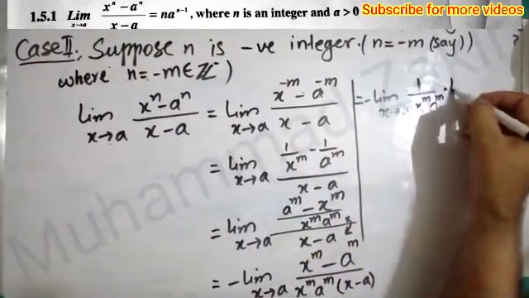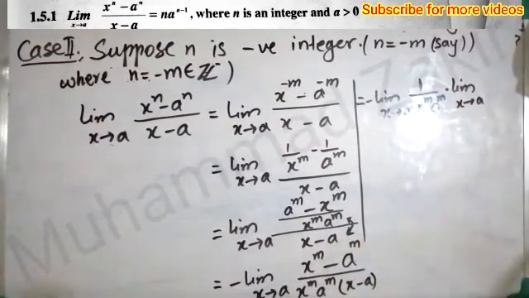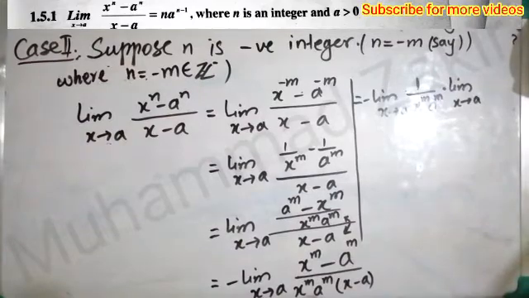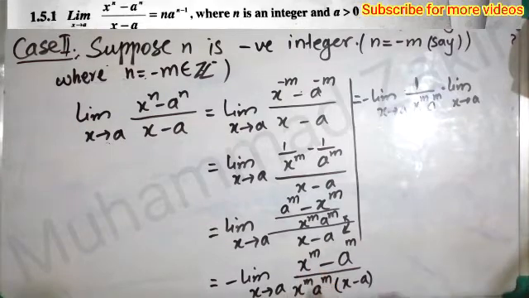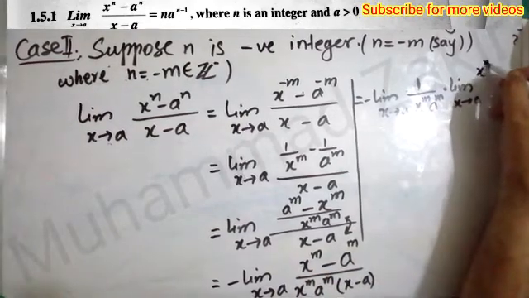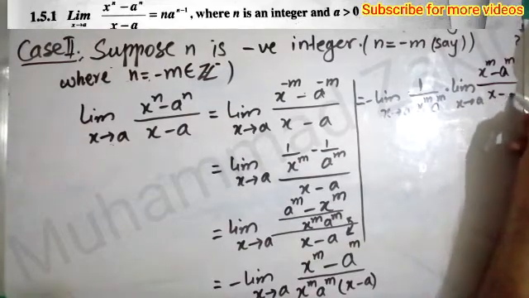Also, the limit can be split. You know that when functions are multiplied in a product, the limit can be separated for both of them, so we separate this limit. The other part is (x^m minus a^m) by (x minus a).